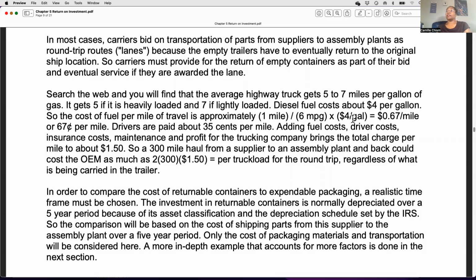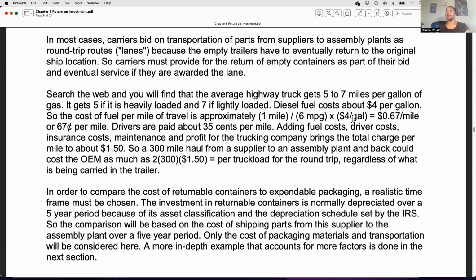So you add your fuel cost of 67 cents, your driver cost of 35 cents, things like insurance, maintenance, and then of course there has to be a profit for the trucking company, because they have other costs, or they have a guide for how much profit they're going to make. So what initially looked like 67 cents per mile just for fuel, or 35 cents per mile for the driver, now you're up to $1.50.